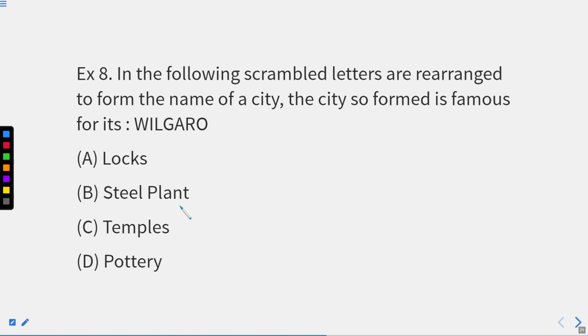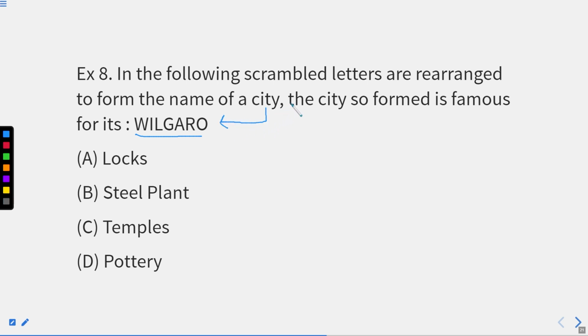Now here you need to read the question carefully again, as I mentioned, right? So the question says, the following scrambled letters, we need to find out the scrambled word, that is this, are rearranged to form a name of a city. So we know that this is going to be the name of a city.